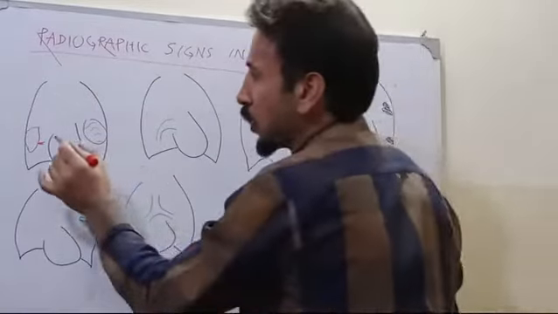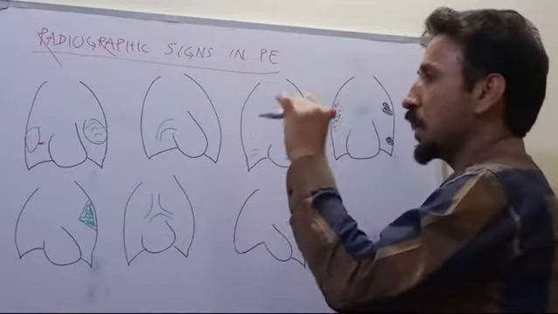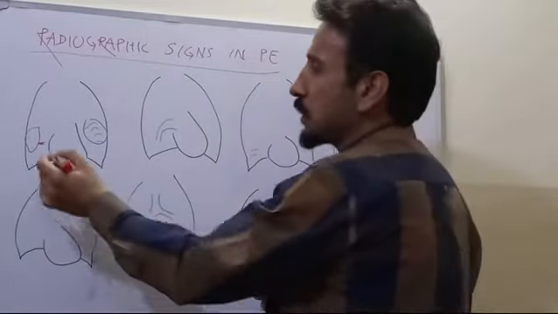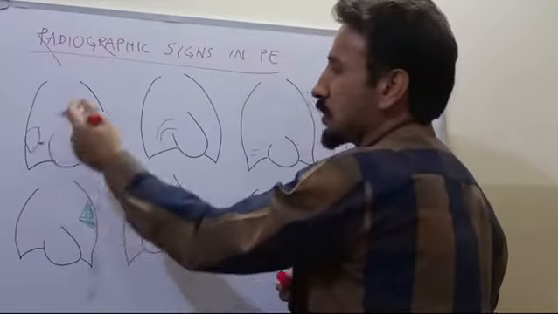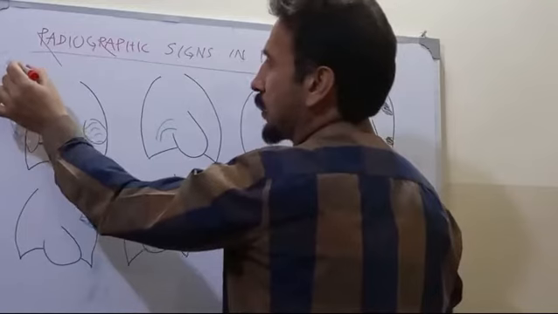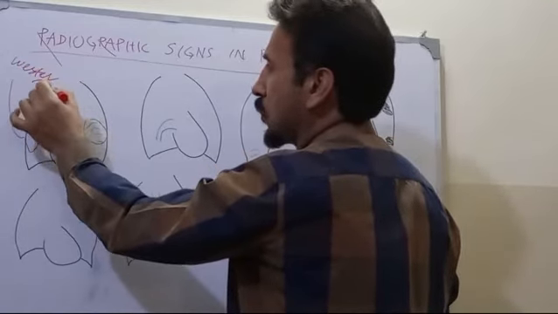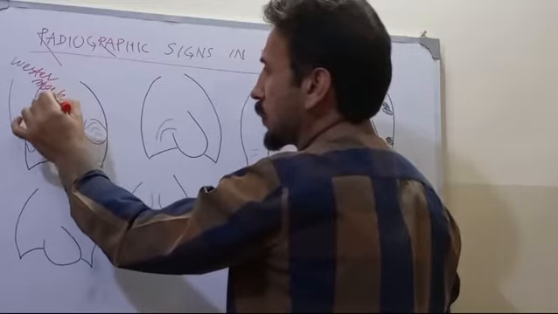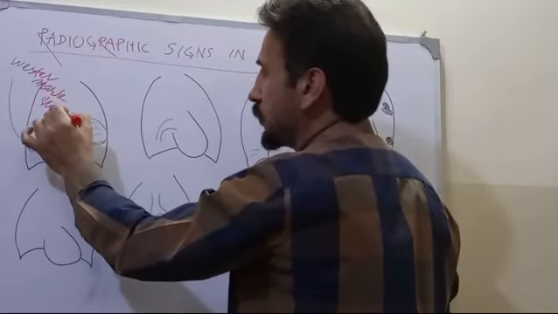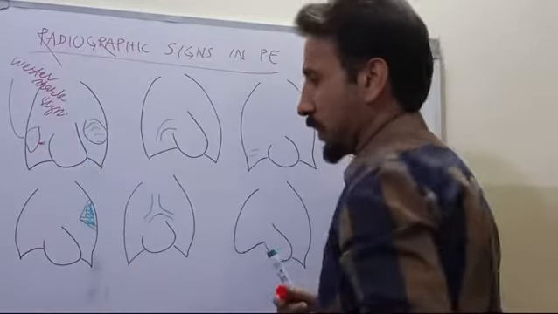This focal oligemia, reduced blood flow to a particular area because of the pulmonary embolism, is called the Westermarck sign. More blood supply, less blood supply.